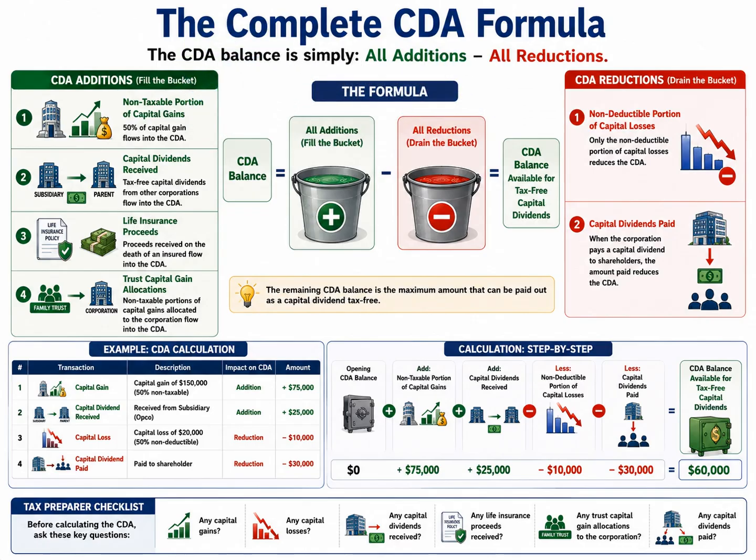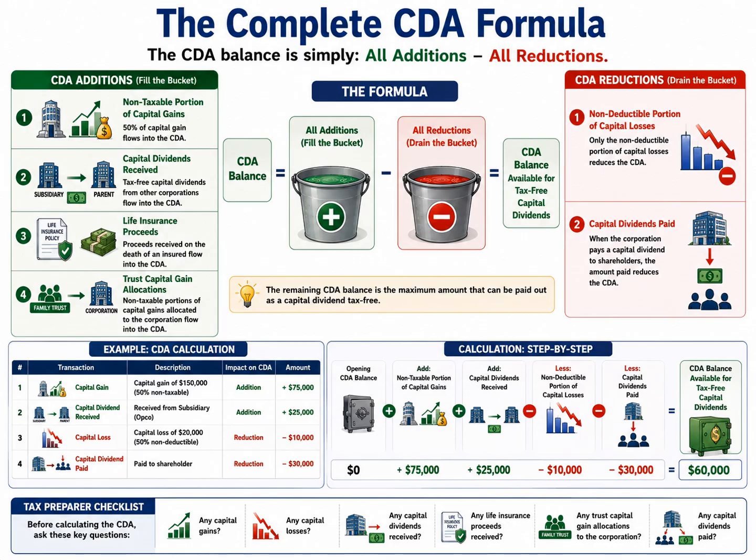Let's start with the additions. The CDA generally increases from four major sources. First, the non-taxable portion of capital gains. Second, capital dividends received from other corporations. Third, certain life insurance proceeds. And fourth, certain trust allocations related to capital gains.